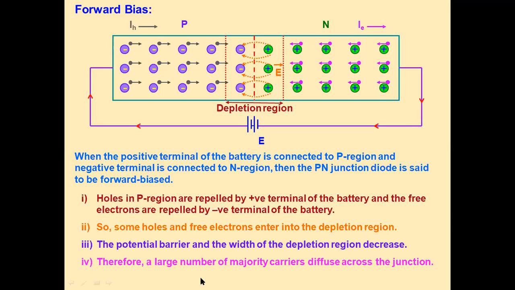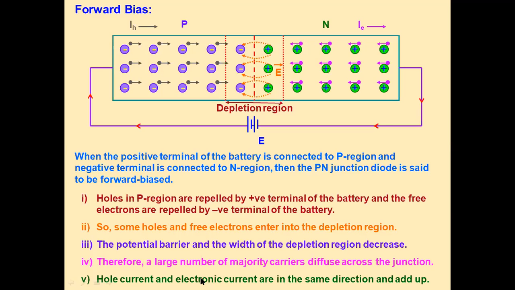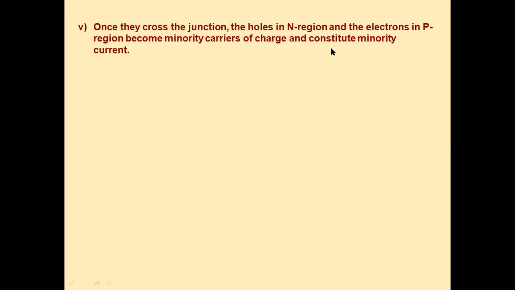Therefore, a large number of majority carriers diffuse across the junction due to this repulsive force, and the hole current IH due to the motion of holes, and the electron current IE due to the motion of electrons, are in the same direction, and these two currents get added.